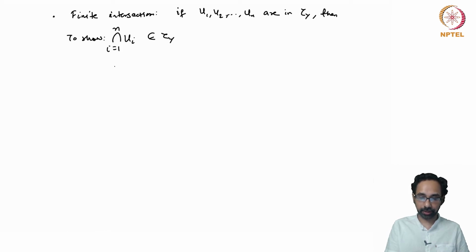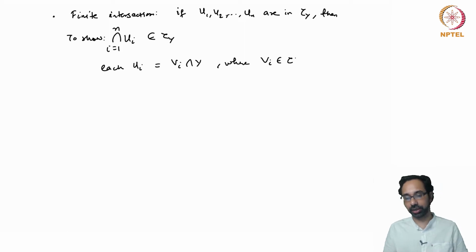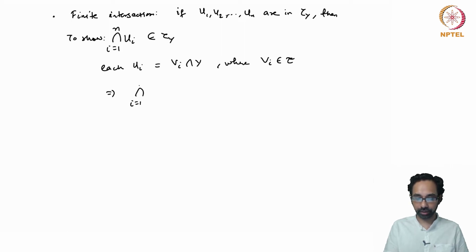This is because again each ui is equal to some vi intersection Y, where vi is an open set in X, in tau. So this means that the finite intersection of these ui's is nothing but the intersection of vi intersection Y.